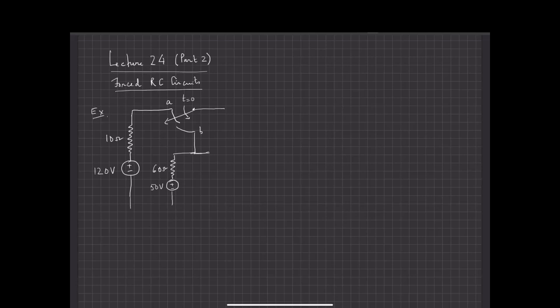Here I have a 200 ohm resistor, and then the switch is connected to another resistor, 50 ohms, and then there is this capacitor which is 0.05 farads. Okay, and that's my circuit.